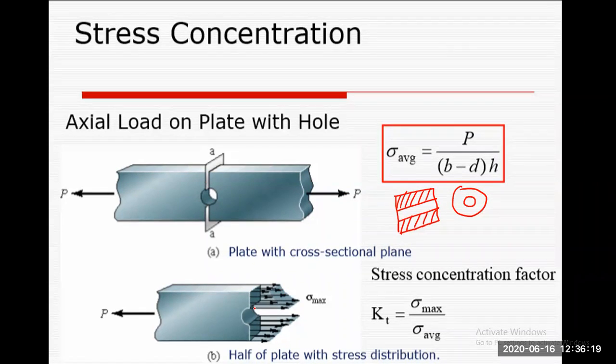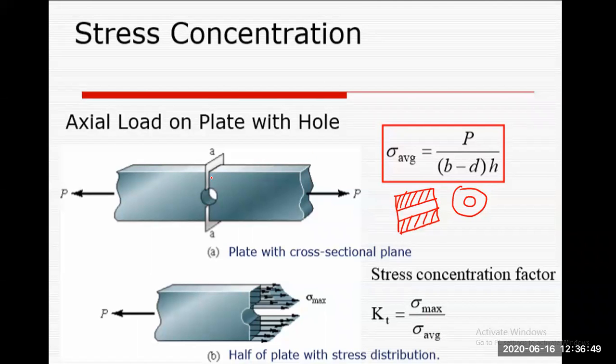Therefore, if you perform a concentration here, you can see the pressure on the inside of the hole is greater. Because of the discontinuity, the pressure acting at this inside portion of the hole is greater than the outside one. So that's where the stress concentration factor KT is defined. This is defined as maximum stress over average stress.